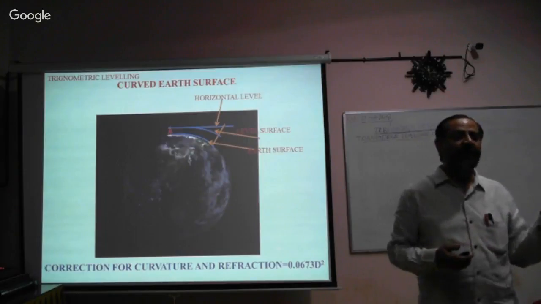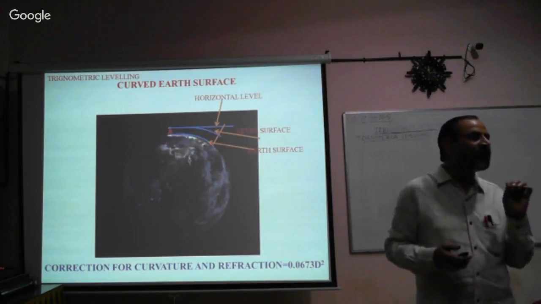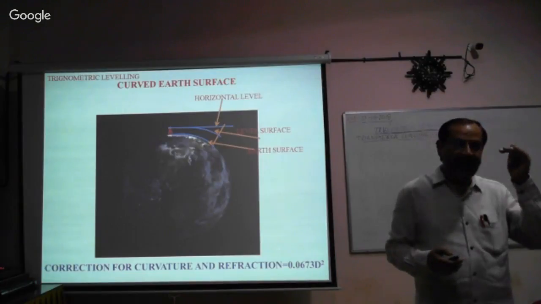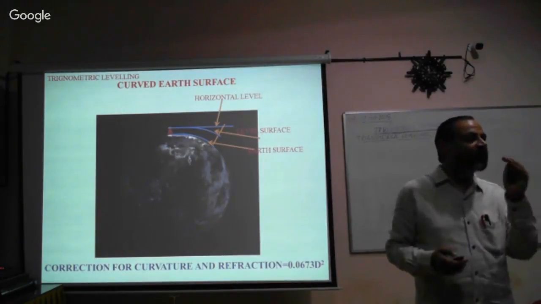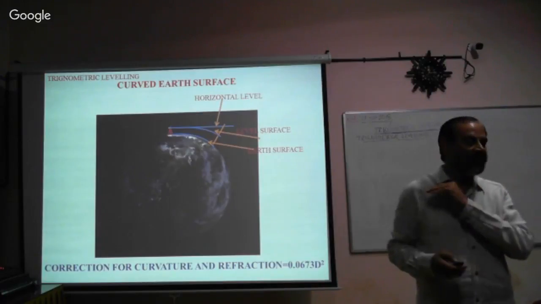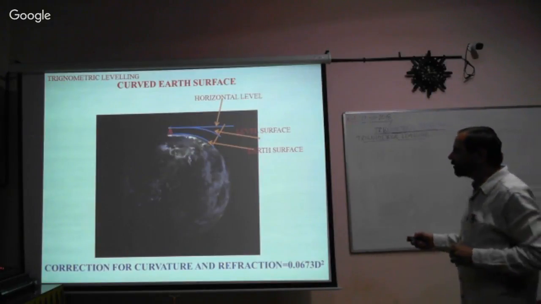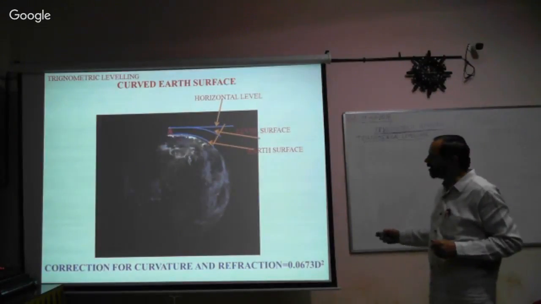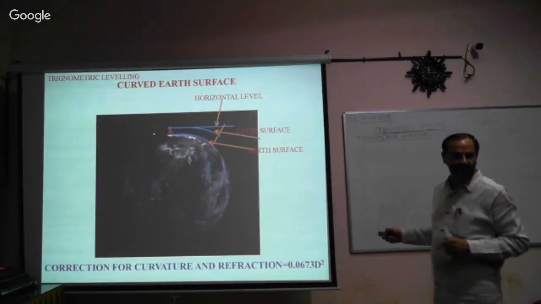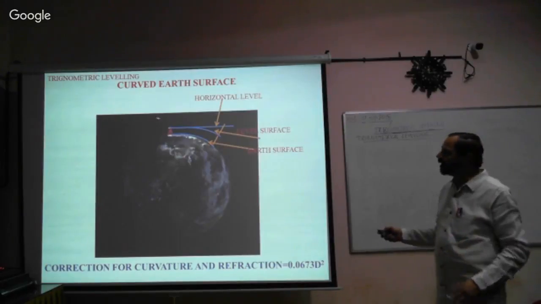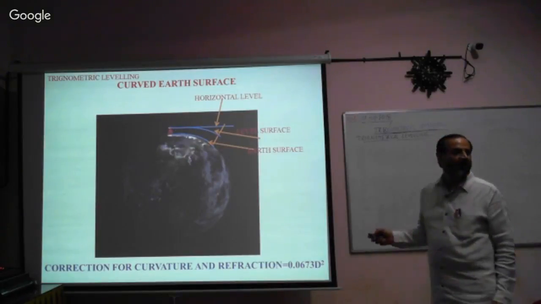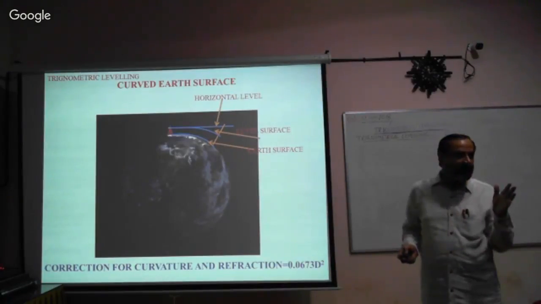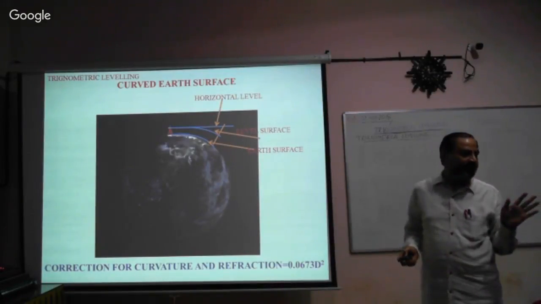If the value is 0.002, then we need to apply it. The staff reading should be reduced by 0.002, isn't it? This shows that the error is more when the distance is more. When the distance is less, it is not necessary to take that into account.